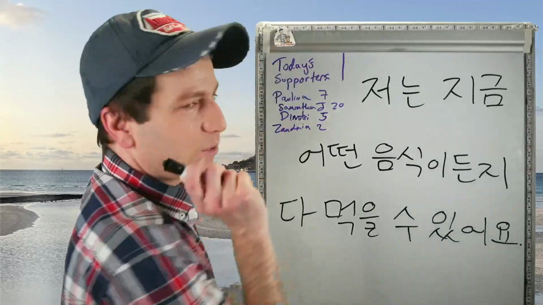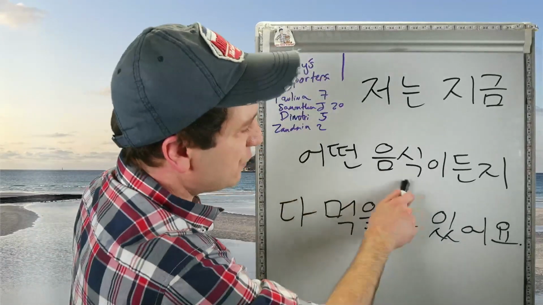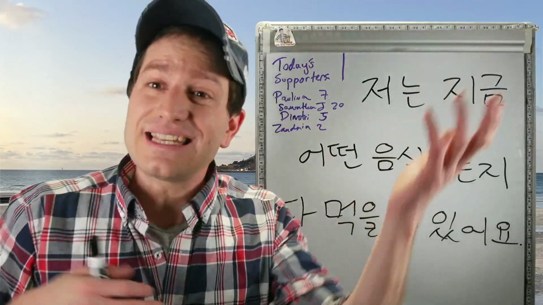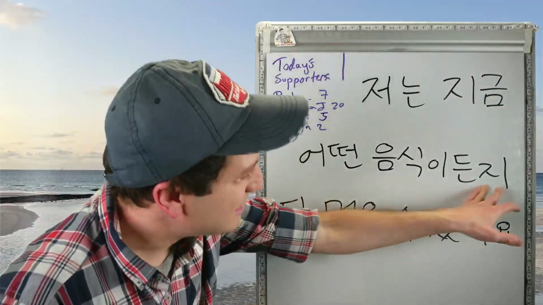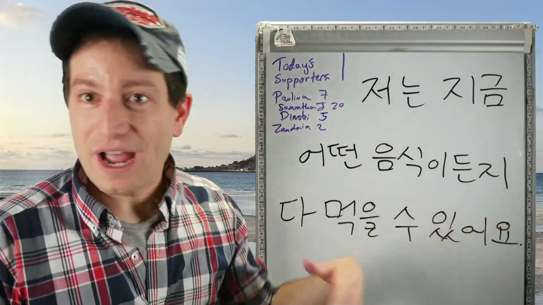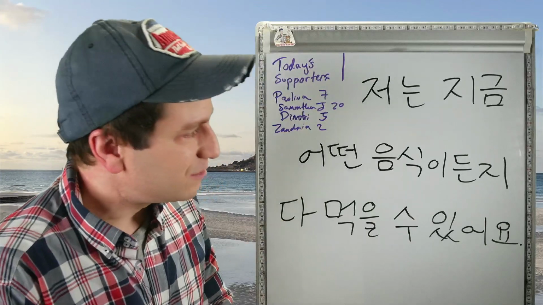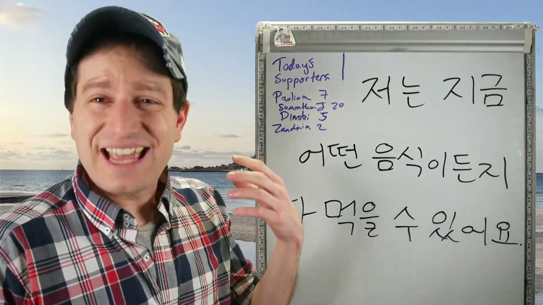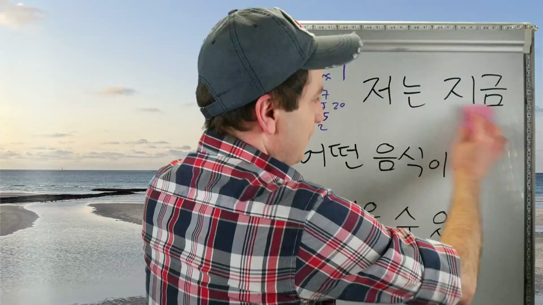I can eat all of it, regardless of what kind of food it is. 이다. 어떤 음식이에요? What kind of food is it? 어떤 음식이든지. So regardless of what kind of food it is, 다 먹을 수 있어요. I can eat it all. 저는 지금 어떤 음식이든지 다 먹을 수 있어요. So right now, I could just eat anything, no matter what it is.